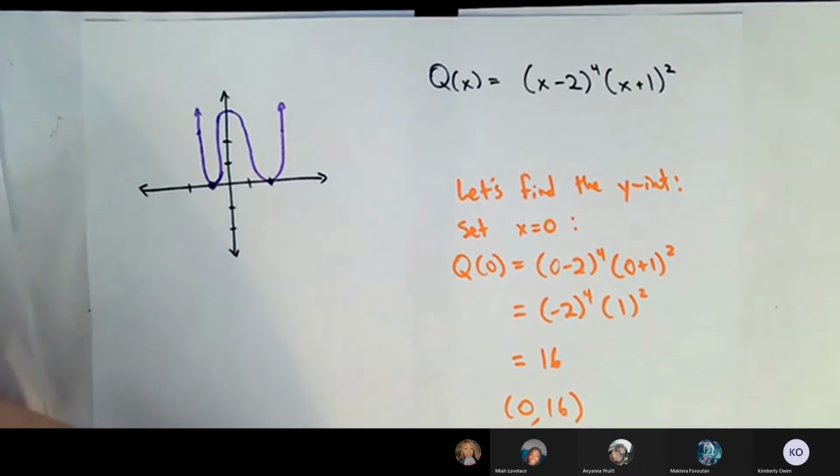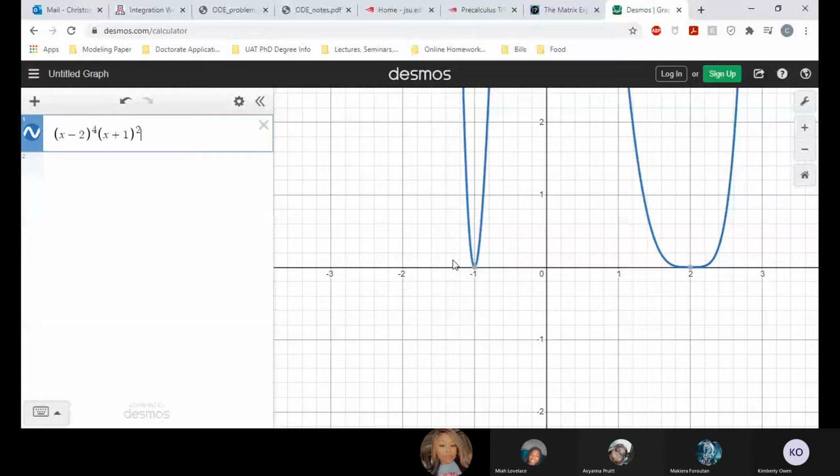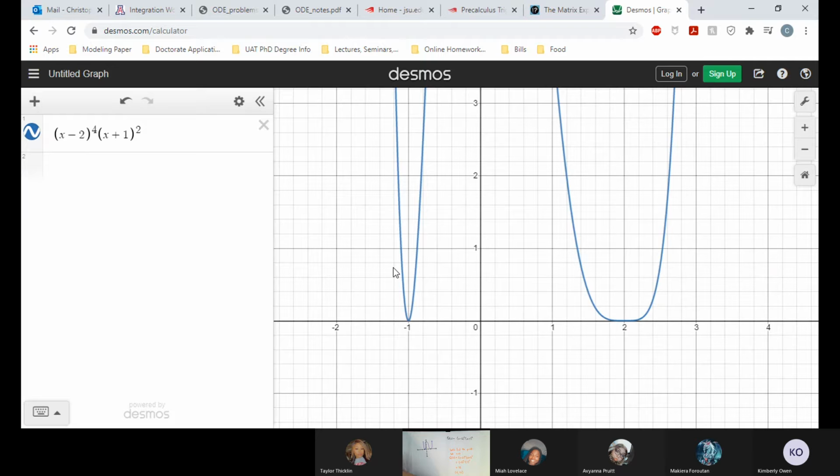Let's go see if we can see that. Let me graph it and then, yep, there we go. So we see that behavior where it bounces off of the (-1, 0) and it bounces off of (2, 0), but you can see how it stays around the (2, 0) one for a bit longer.